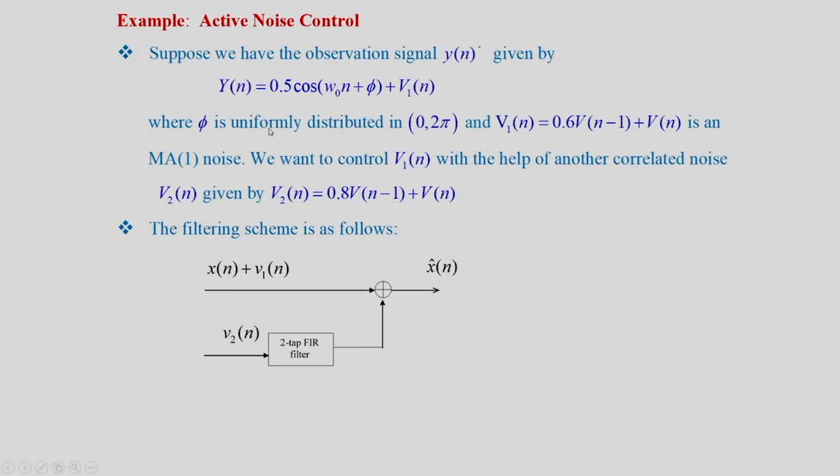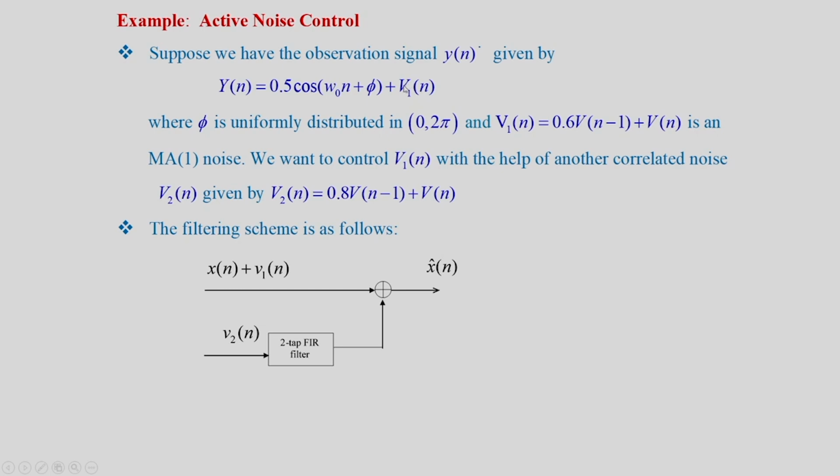Let us consider one example. This is a very important application, what is known as active noise control. If we have to cancel the noise in a recording room, then active noise control can be applied. Suppose we have the observation signal y n, given by y n is equal to 0.5 cos of omega naught n plus phi, plus v1 n.